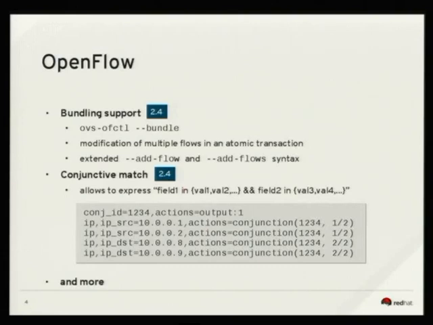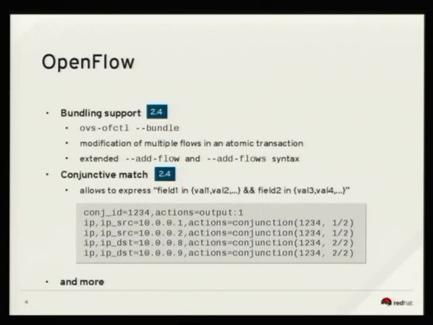There are many more new things with OpenFlow. I don't want to cover everything, mostly because they are small things that are usable in particular scenarios. So just one more, and it's Conjunctive Match, which allows a kind of matrix match: match this packet only if the source address is in this particular list of IP addresses and the destination address is in this other set of IP addresses at the same time.